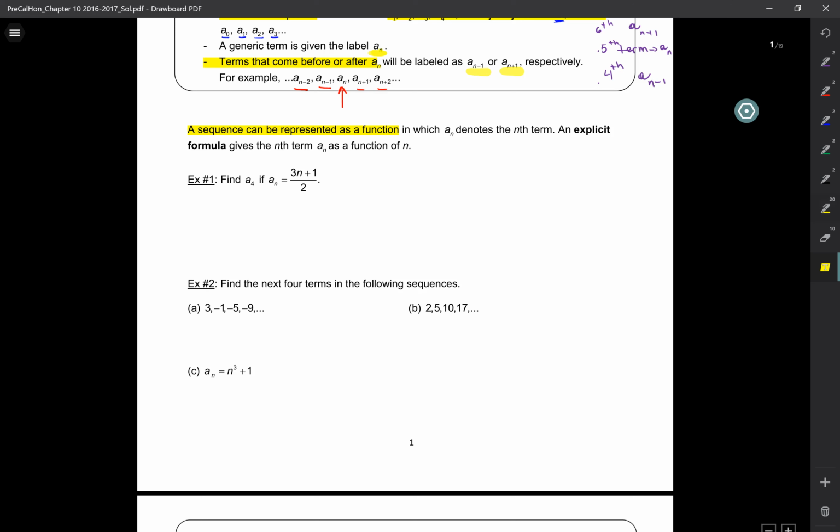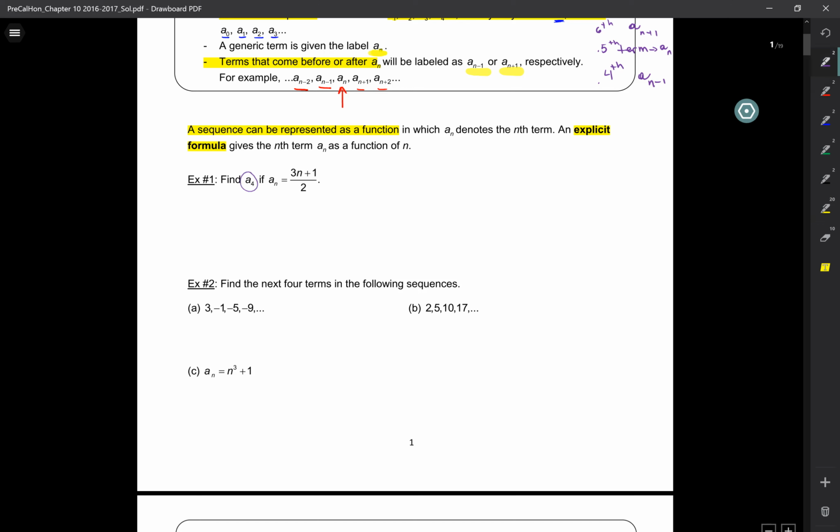That's called an explicit formula to find the nth term. So for example, example 1 is an example of an explicit formula. It's telling you AN is (3n+1) over 2. And it's telling you to find A4.